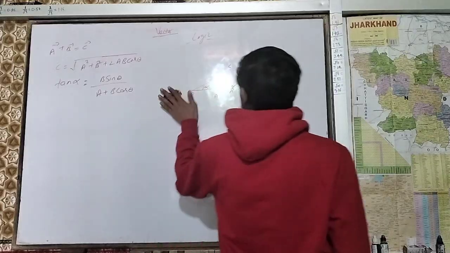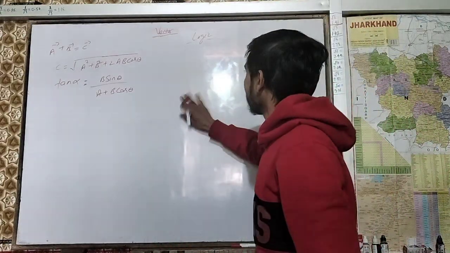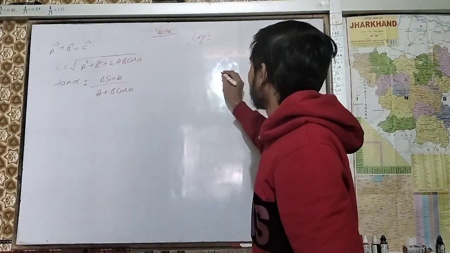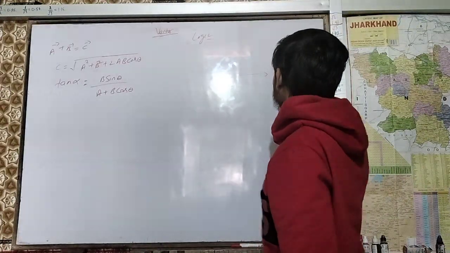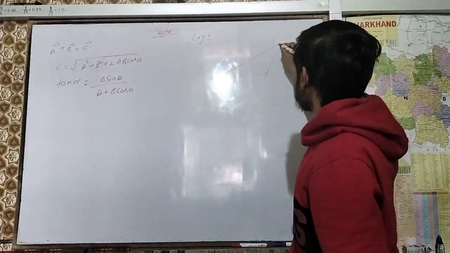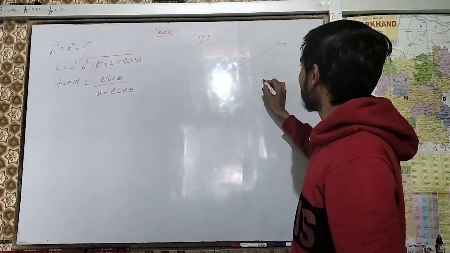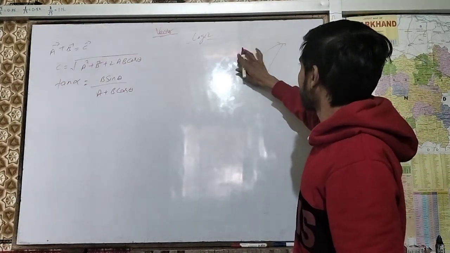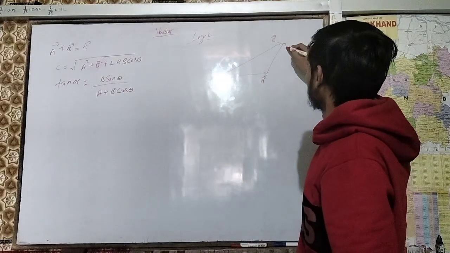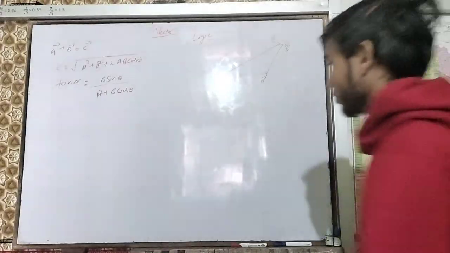Now let me draw again. Look, this is one vector, this is another, and this is a resulting vector. A, B. Now look over here.